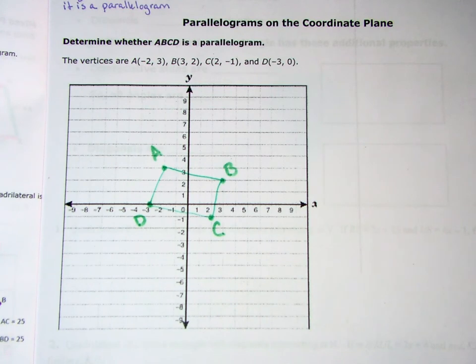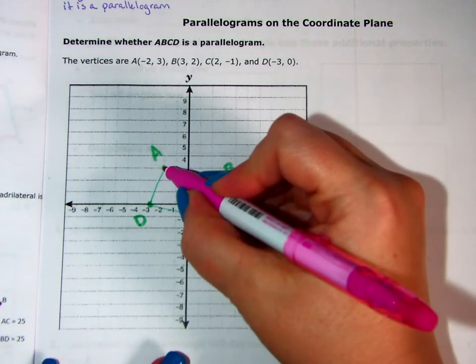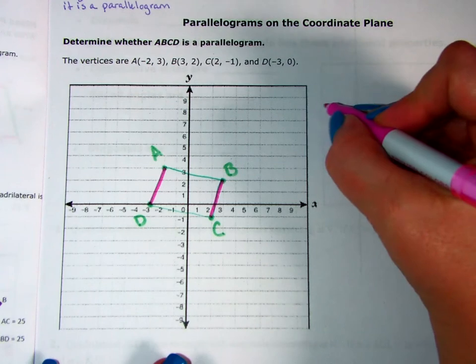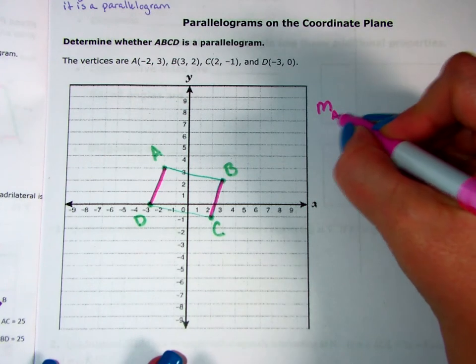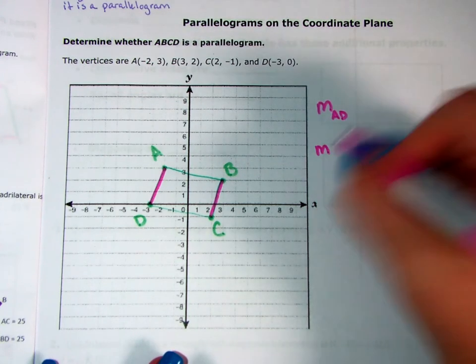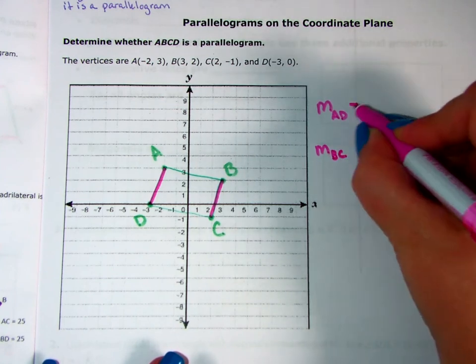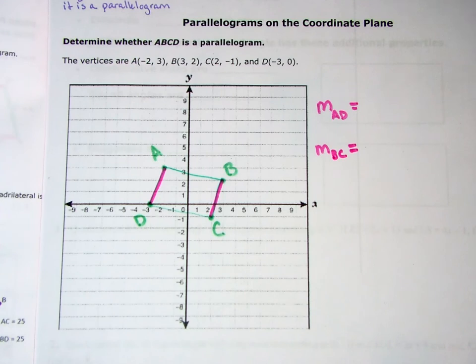So if I just compare the left side to the right side, and I look at the slope from A to D, and the slope from B to C, if they're the same, then those two pieces are parallel, right? What's my rise over my run to get from D to A?